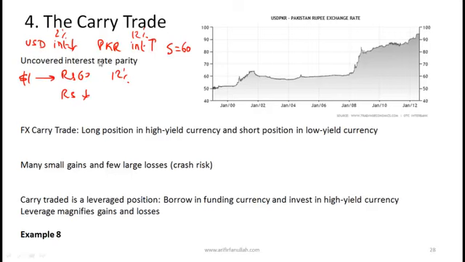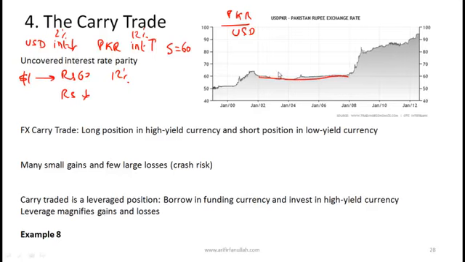Now, enough studies have shown that uncovered interest rate parity does not always hold. And a classic example can be seen here. This graph shows us the PKR to US dollar exchange rates since January 2000 till now. Notice this period here between 2002 and 2008.